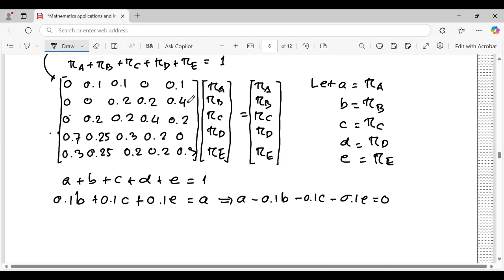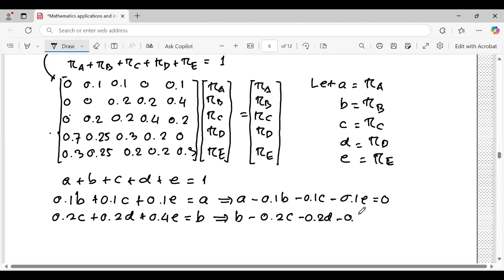The next one: 0.2c plus 0.2d plus 0.4e equals b, or we can rearrange: b minus 0.2c minus 0.2d minus 0.4e equals 0.